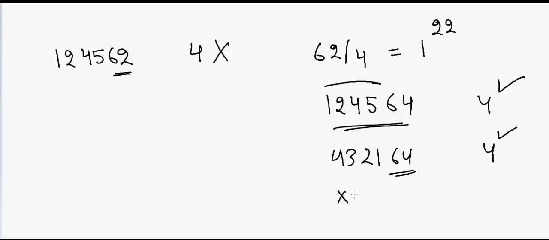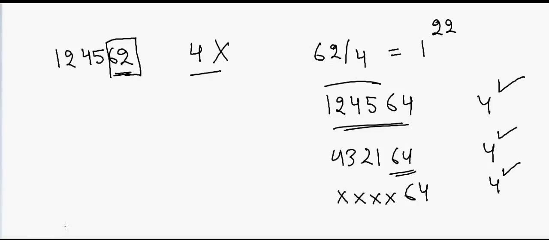Or I can write x x x x and 64, then this number should also be divisible by 4. So I have to look at the last two digits to check if the number is divisible by 4 or not. In this case it is not.